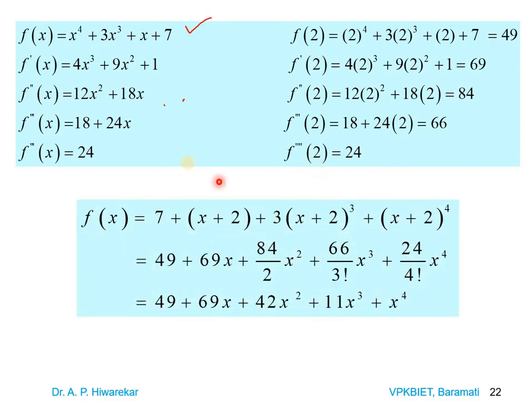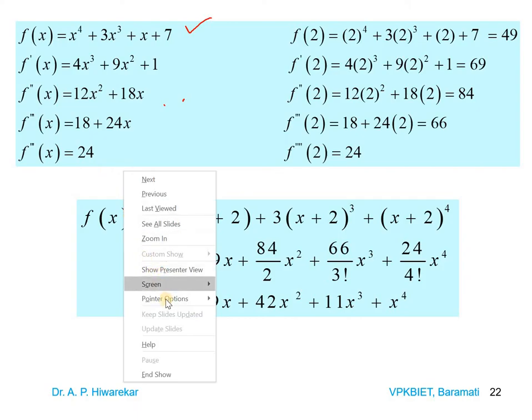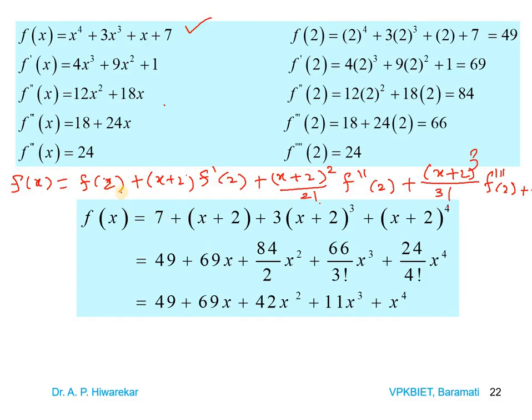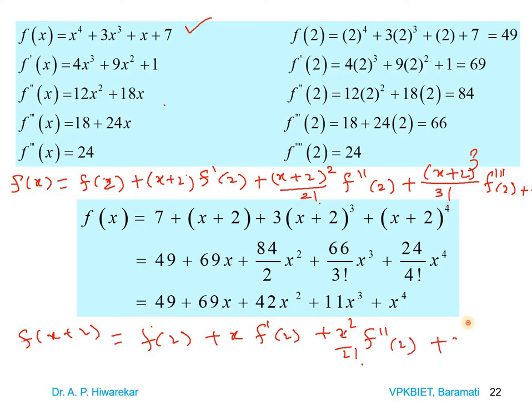And where do we have to substitute these values? Obviously in the formula. What is our formula? We have to use the formula f of x plus 2 equal to f of 2 plus x into f dash of 2 plus x square divided by 2 factorial into f double dash of 2 plus x to the power 3 by 3 factorial into f triple dash, and so on.